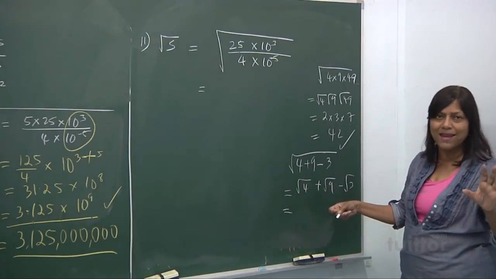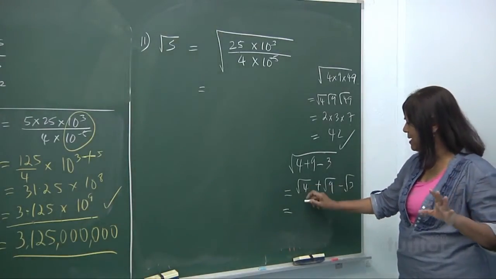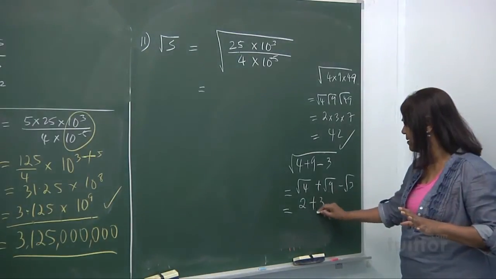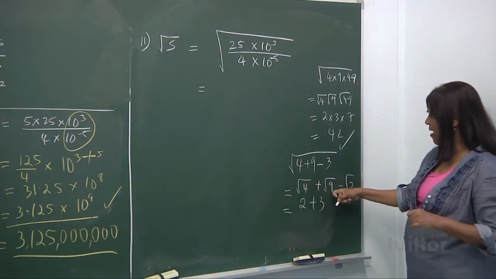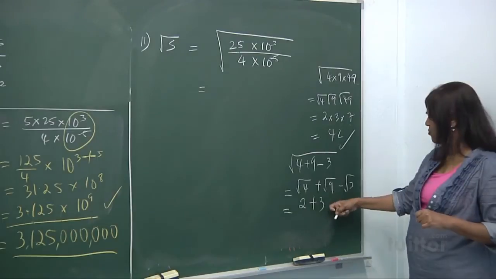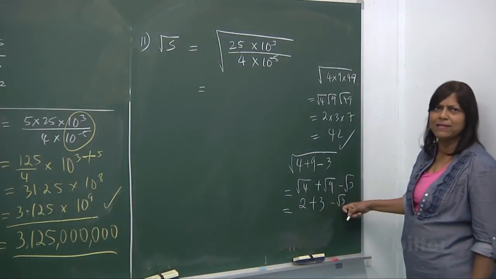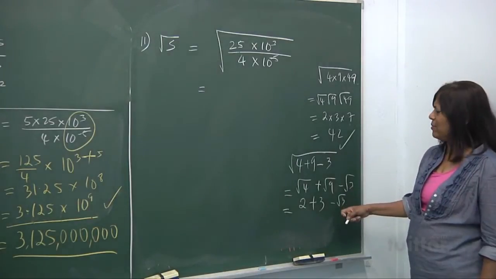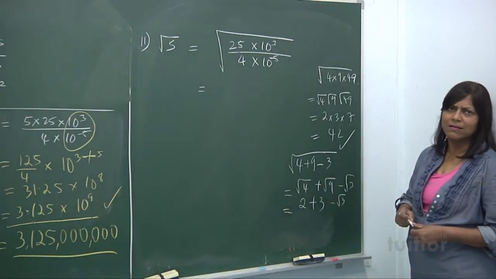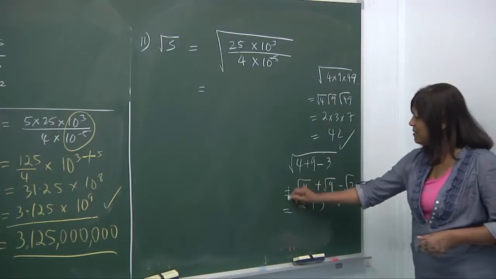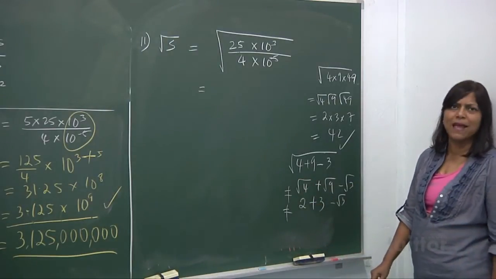Now let's see this absurd answer: 2 plus 3 minus the square root of 3. You get 5 minus this. It's not the right answer. You can test it. So this is not right for plus and minus.